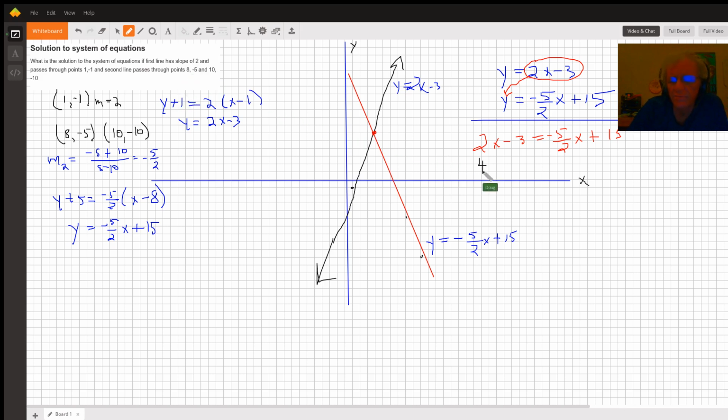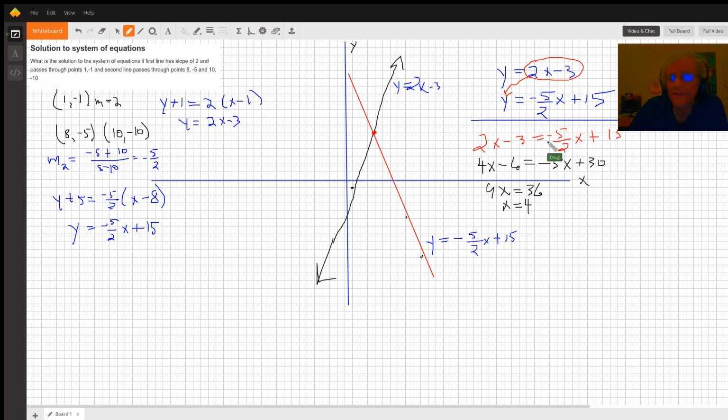So I get 4x minus 6 equals negative 5x plus 30, and 9x equals 36, or x equals 4.